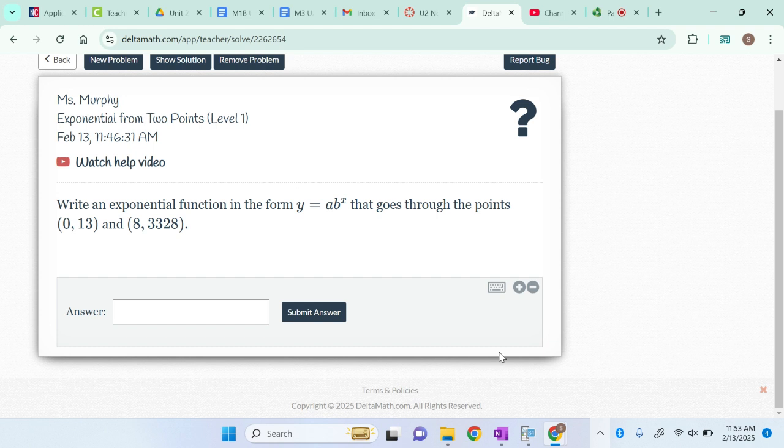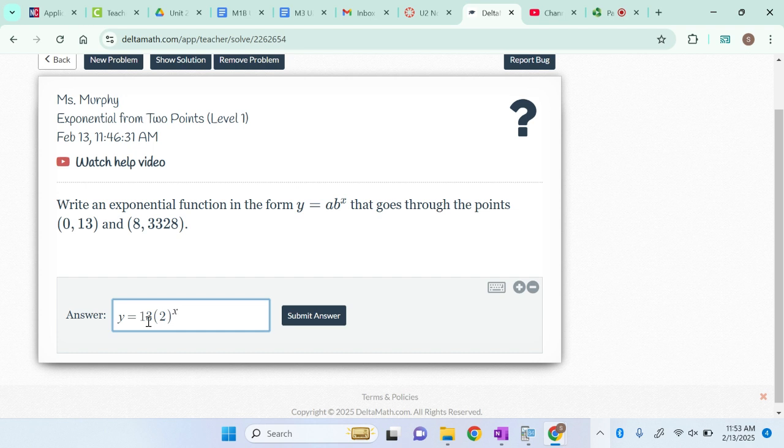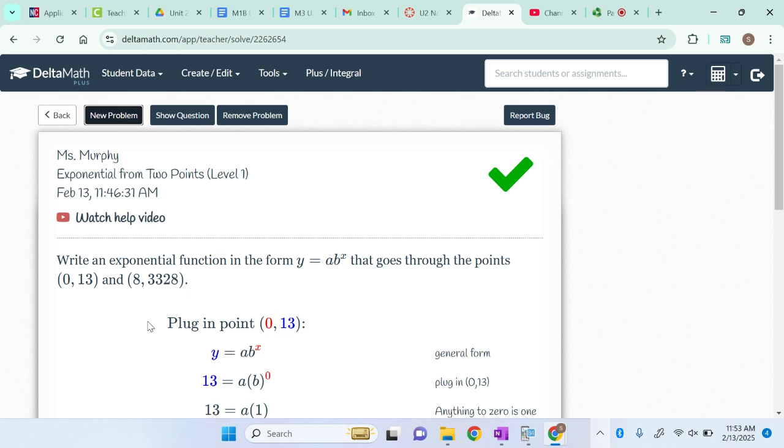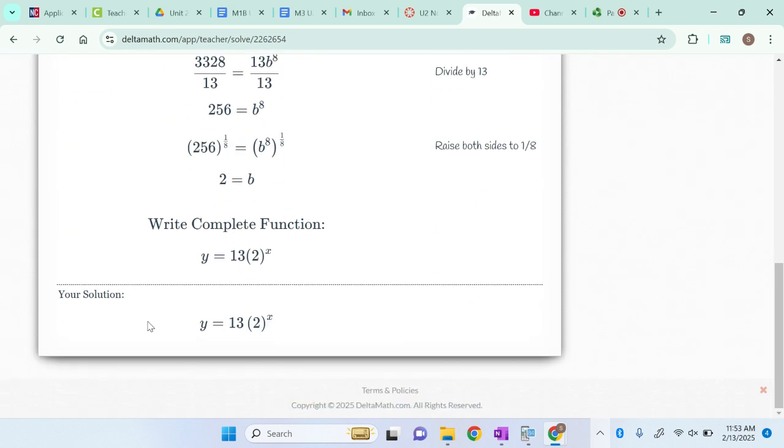So if you plug it in, you do have to type y equals in here, 13 times 2 raised to the x. You should get it correct. All right, any questions on any of these?